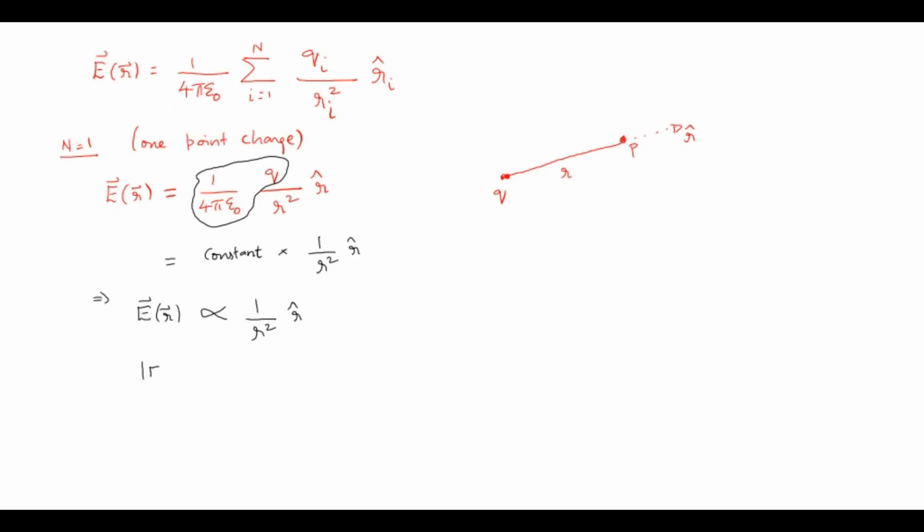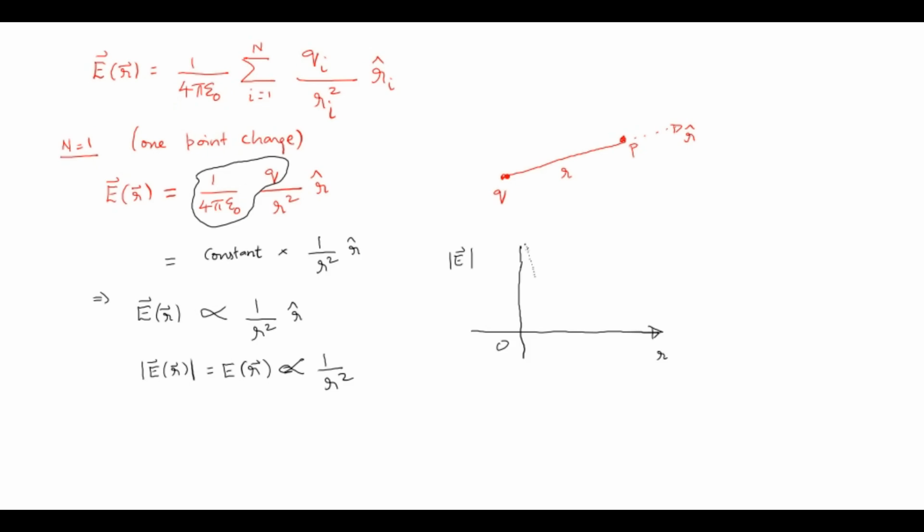Magnitude wise, this is E of r, which I am going to call simply E of r, which is proportional to 1 by r square. Now how does it vary? For a point charge, if this is r, this is the modulus of E vector. When r goes to 0, it is almost a very large value, almost infinity.